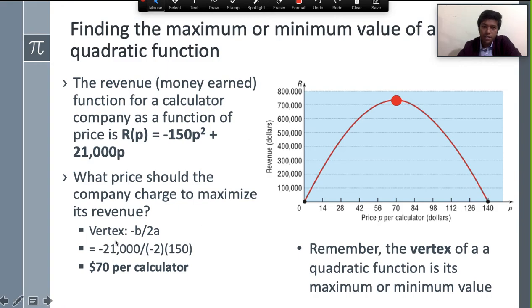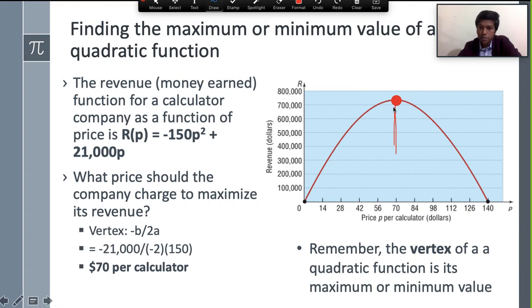For the vertex x value, we can find it using -b over 2a from the given function. And if we use this value back in the function, then we get the maximum value. Let me restate it.